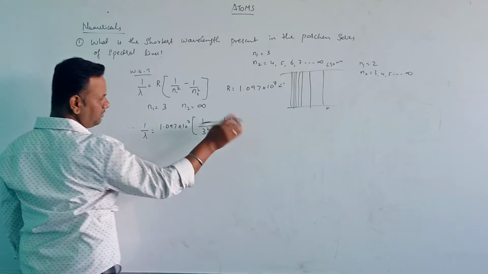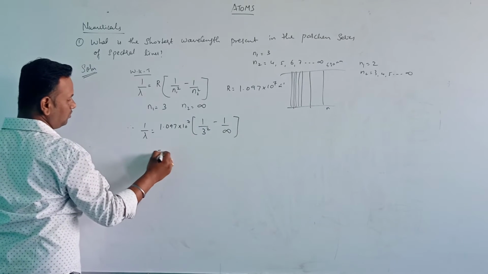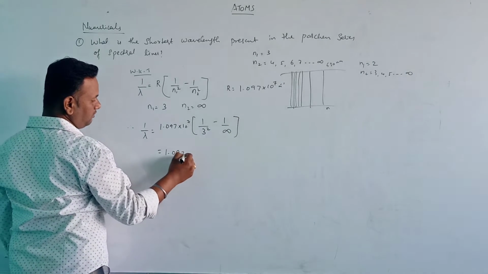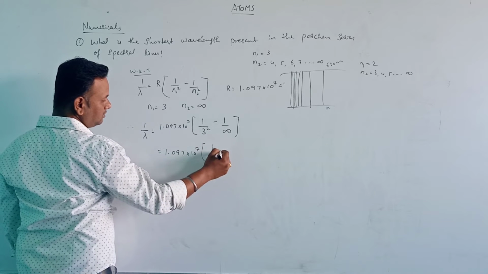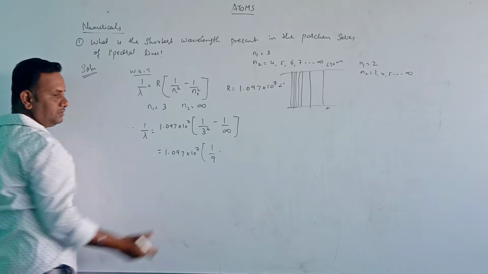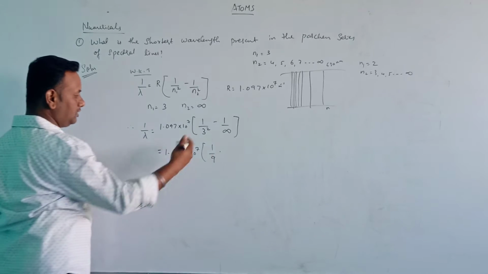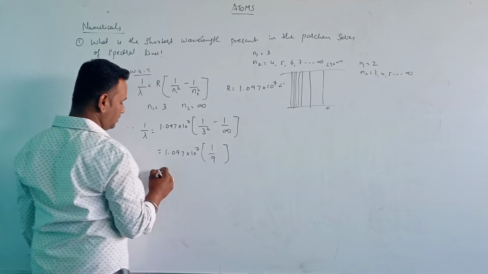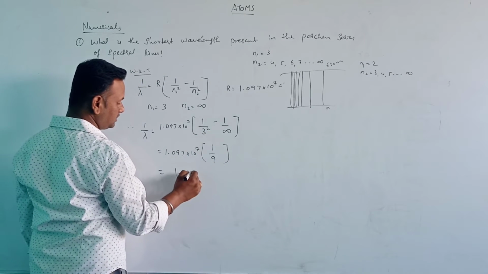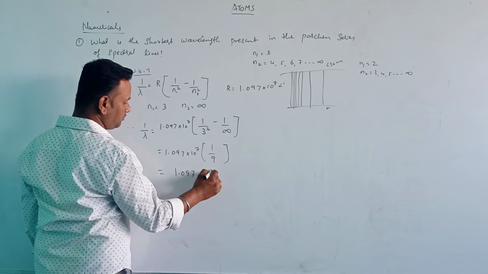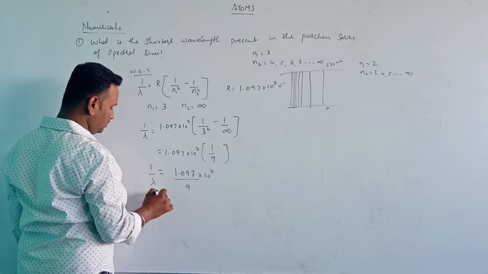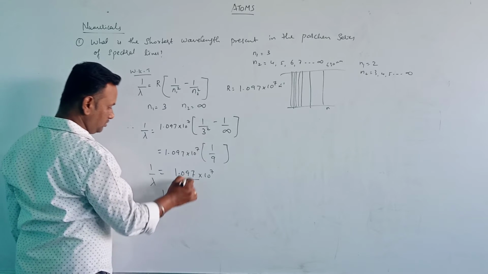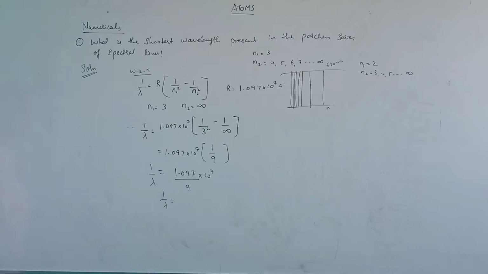Infinity square remains infinity, so 1 by infinity means 0, nil. So it becomes 1.097 into 10 to the power of 7 divided by 9 is 1 by lambda. Now we will calculate this one.